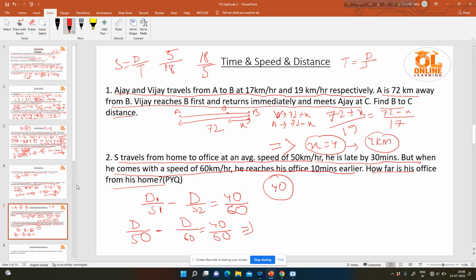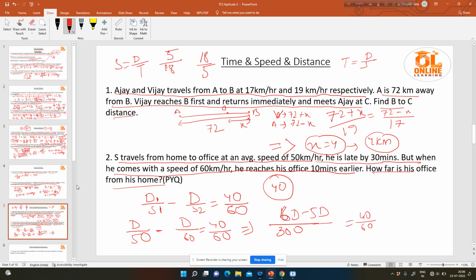Now if we solve this, the LCM would be 300, and it would be 6d minus 5d, right, by 300, equal to 40 by 60.